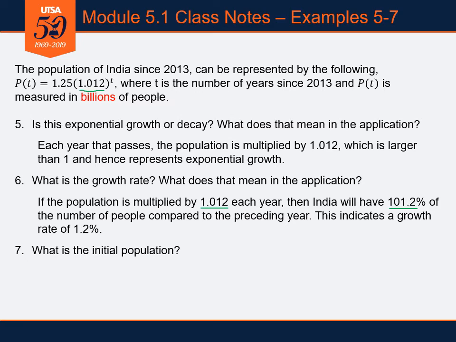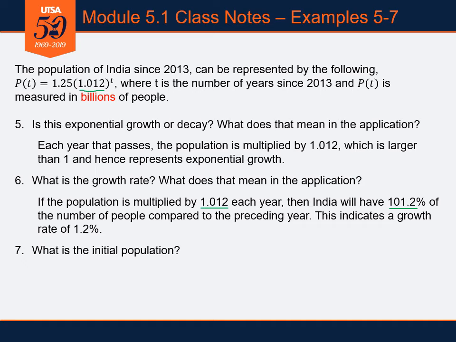They're going to have 1.2% more people next year than they had this year, and then 1.2% more people the year after that than what they have next year, and so on. The population of India will grow by 1.2% each year. We can read that from that base number 1.012.